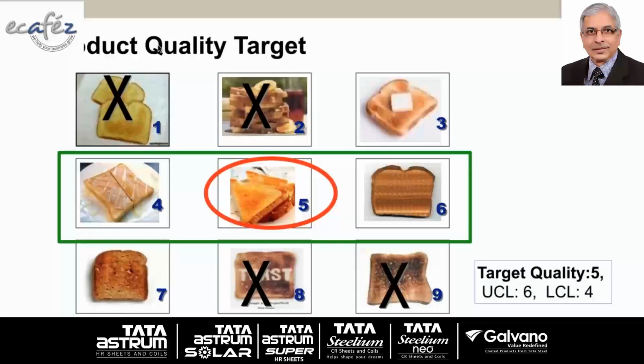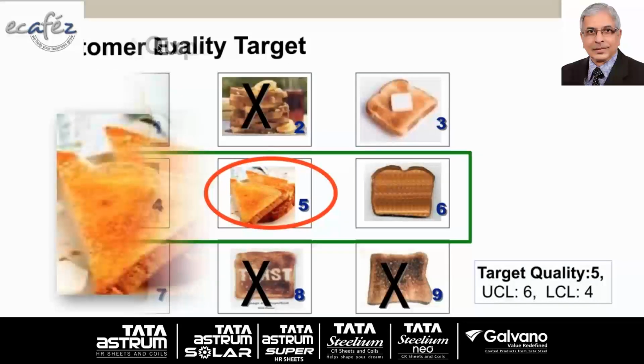Here the ideal quality is number 5, target quality is number 5, and the upper critical limit is 6, and the lower is 4. So we need our toast mainly in number 5 quality, but 4 and 6 can also be accepted. But 1, 2, 3, 7, 8, 9 to be minimized. So we have to find a solution on how to produce our 100% toast in the 4, 5, 6 quality.